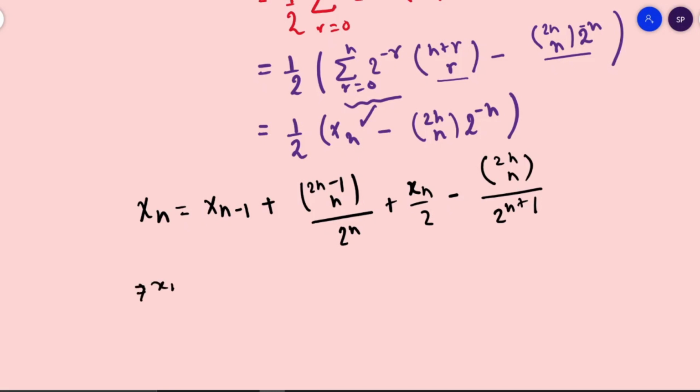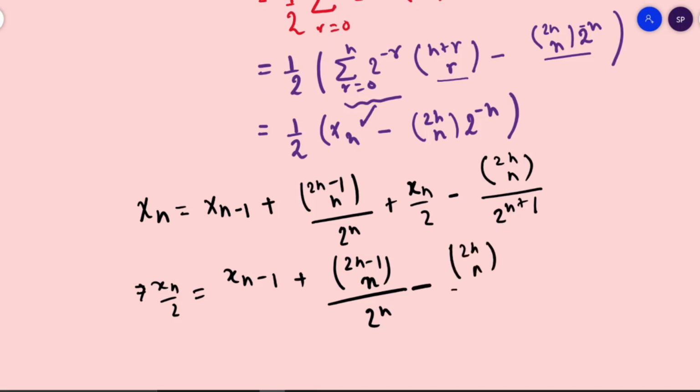So from here we can write that xn by 2 is equal to x of n minus 1 plus (2n minus 1 choose n) by 2 to the power n, minus (2n choose n) by 2 to the power n plus 1.